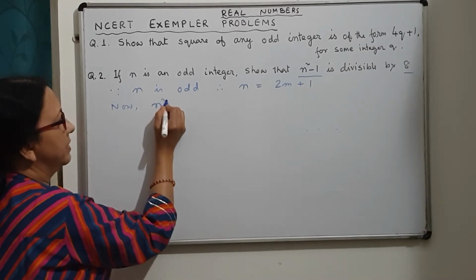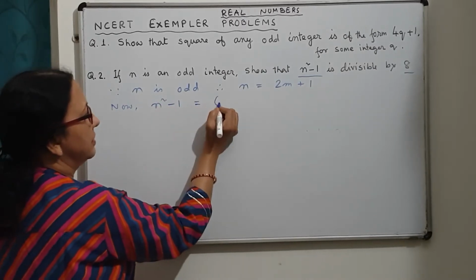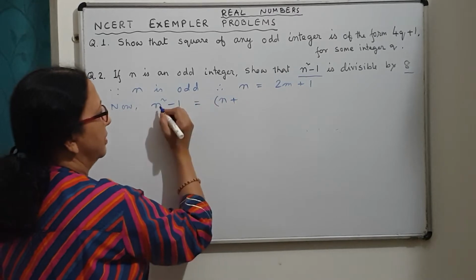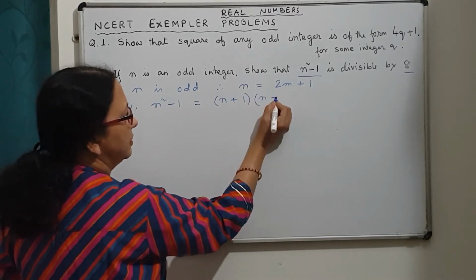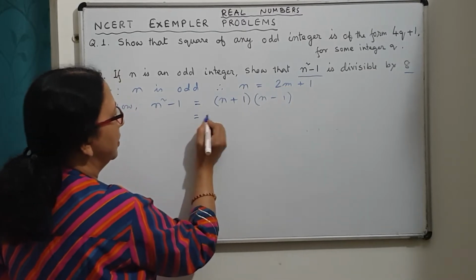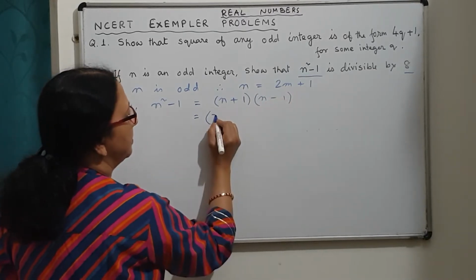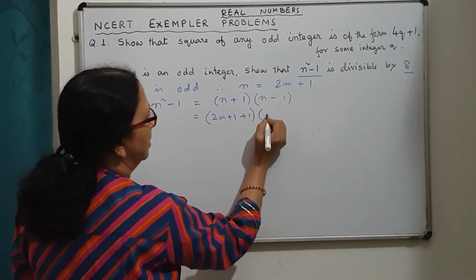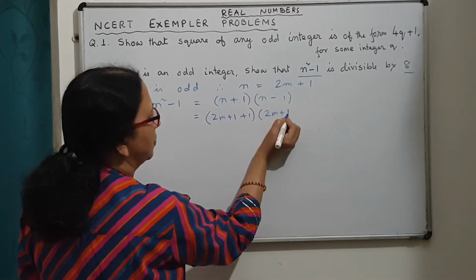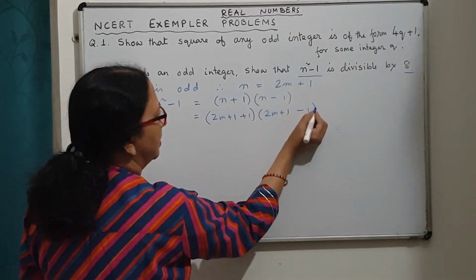Now n square minus 1 can be written using a square minus b square equals (a plus b)(a minus b). In place of n I can write 2m plus 1, so it is (2m plus 1 plus 1) into (2m plus 1 minus 1).